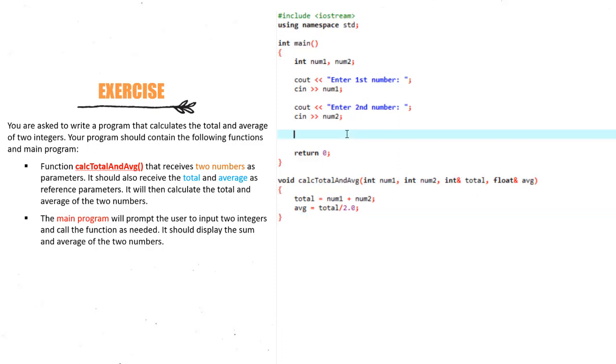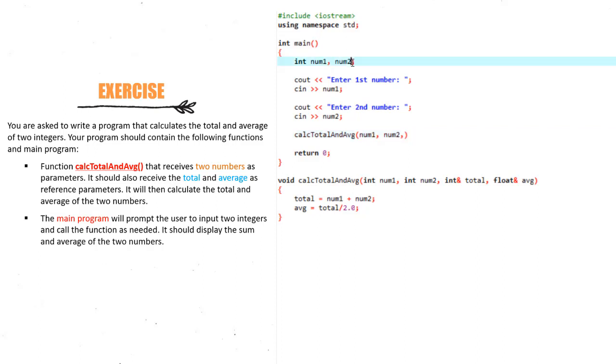To call it, we just call the name, calculateTotalAndAverage, and send our num1 and num2. But we also need to send total and average here, so create the variables which we can update and give back to here.